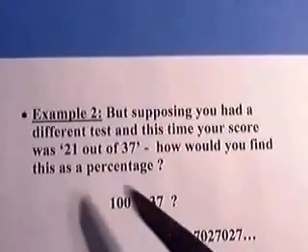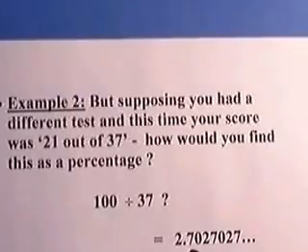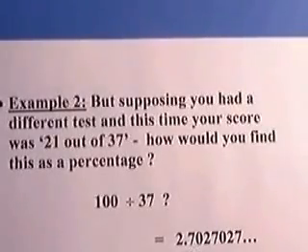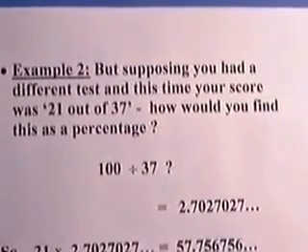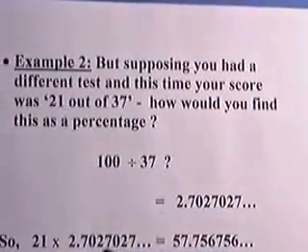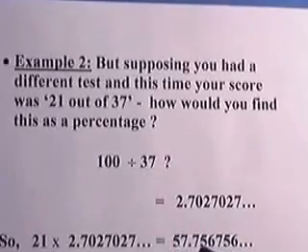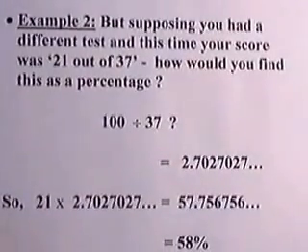So we would have to increase the 21 by this number of times to see what your score would have been out of 100. Alright, so what we do now is we multiply our 21 by this number, and we get this decimal here, which we can round to the nearest whole number, 58%.